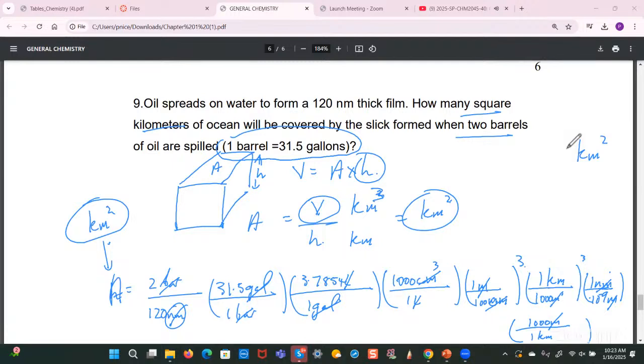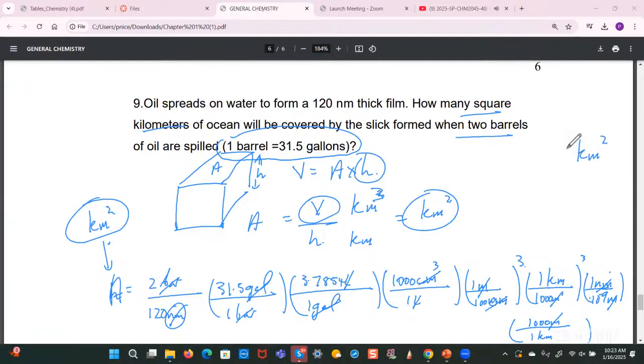2 divided by 120 times 31.5 times 3.7854 times 1,000 divided by 100 cubed divided by 1,000 cubed and then divided by 10 to the minus 9 and then times 1,000.